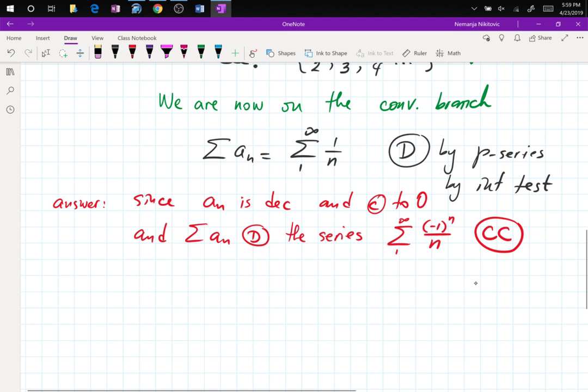So one more time, when you see the alternation term, you know it's an alternating series. You take that away. The rest is a_n, and then check the limit to be 0. Check that it's decreasing. If those two are both satisfied, you are on a convergent branch.